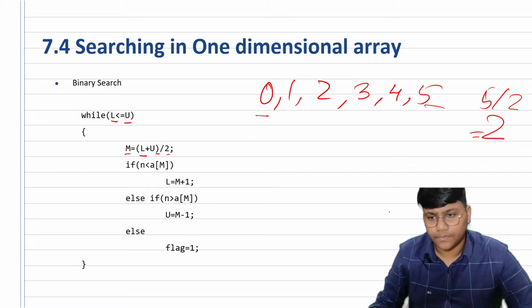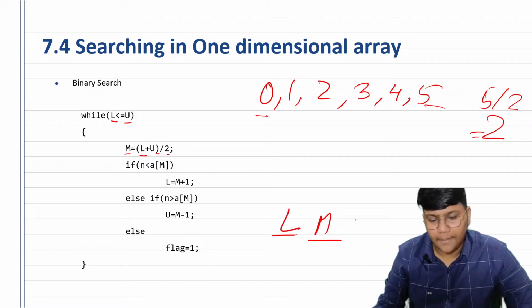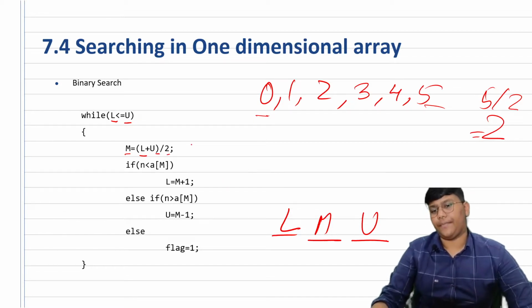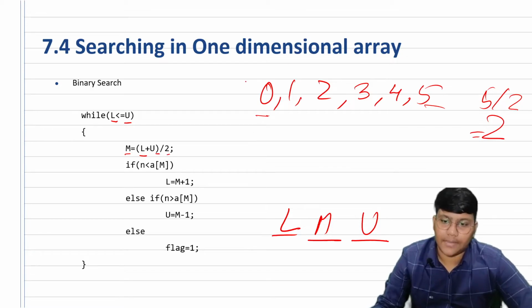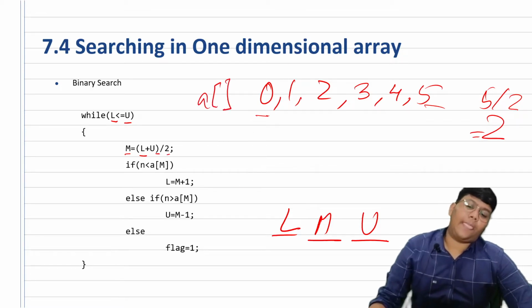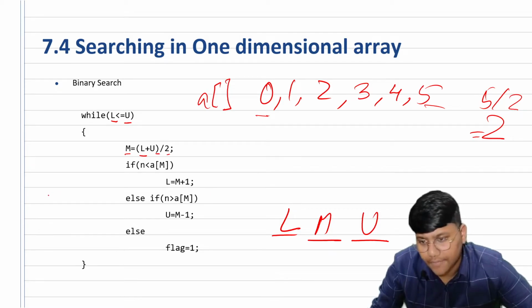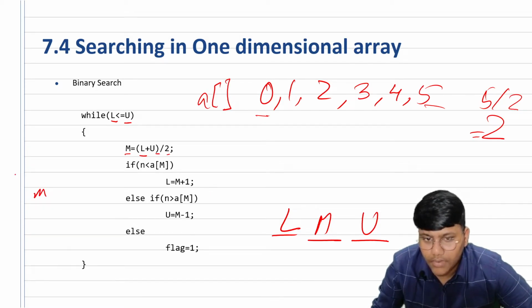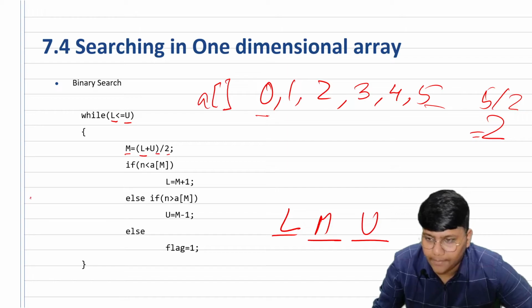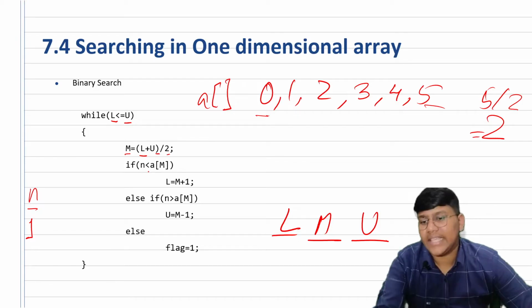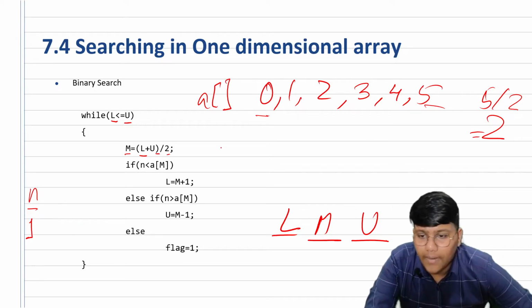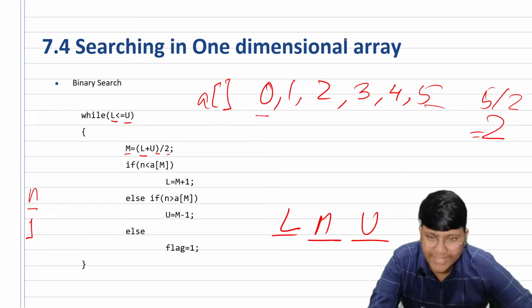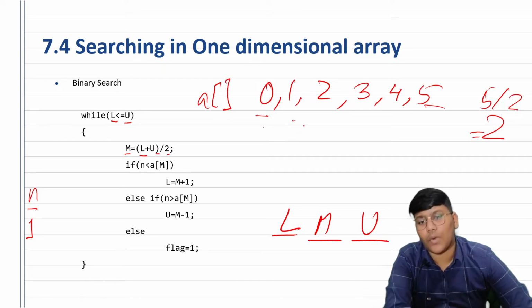M will become 2. L M U. If n is smaller than a, for example, this array is a, and n is the thing we are searching for. For example, if n is 1, is 1 smaller than a at index number 2, 0 1 2?